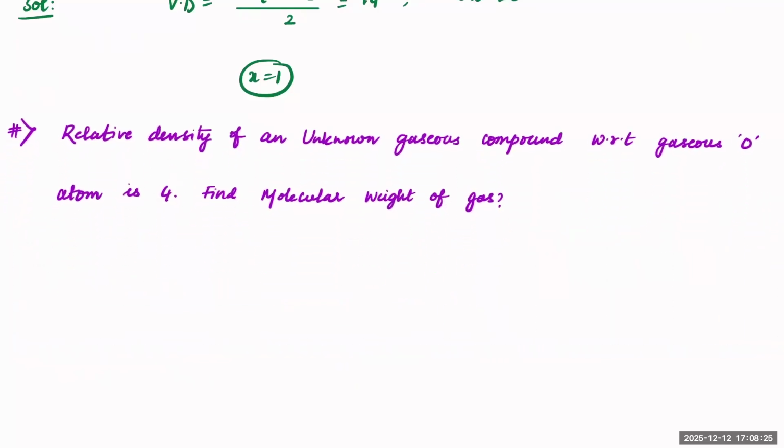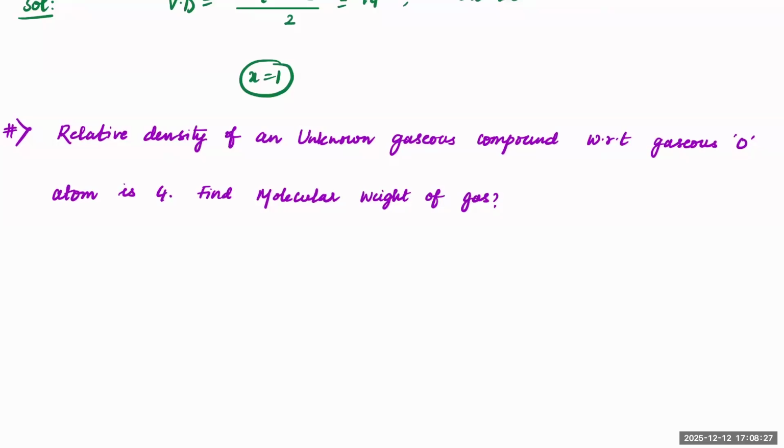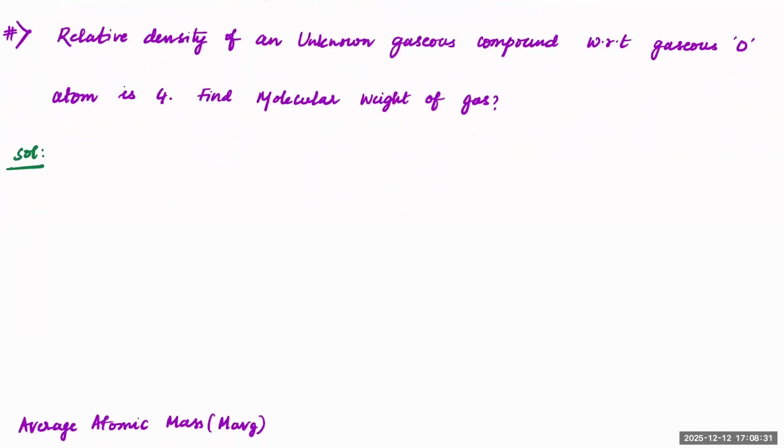See the next one. What if I need to figure out the relative density of an unknown gas compound with respect to oxygen, which is 4? Find the molar mass of the gas. Now the definition has changed. What if the vapor density is defined as the density of a gas divided by density of oxygen gas? In such case, what will be the molecular weight?